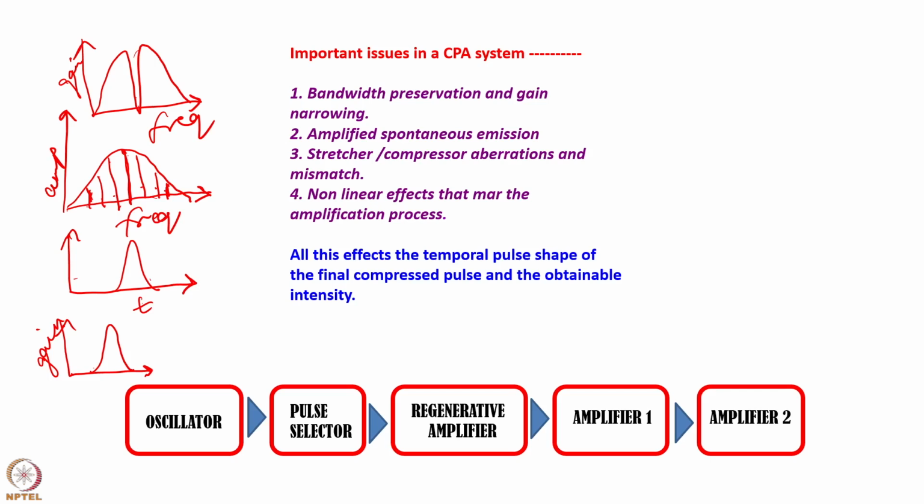So, these are the problems in chirped pulse amplification system. All these problems have to be looked into carefully and minimized in order to get the best compressed pulse. Okay. So, I will go on to the compression part.